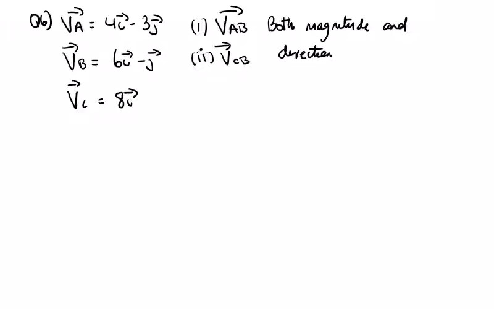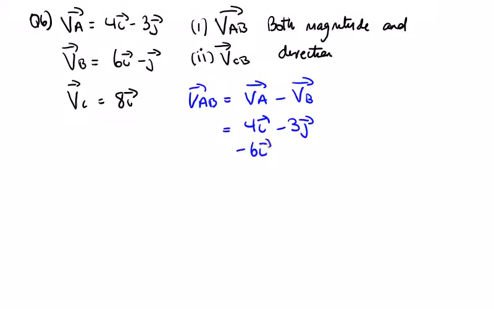In question 6, it introduced the direction now, so we're asked for the magnitude and direction of both of these. So number 1, the velocity of A relative to B is equal to the velocity of A minus the velocity of B, which is equal to 4i minus 3j, and underneath I'm going to write minus the velocity of B, minus 6i plus j, which is going to give me minus 2i minus 2j, in meters per second.